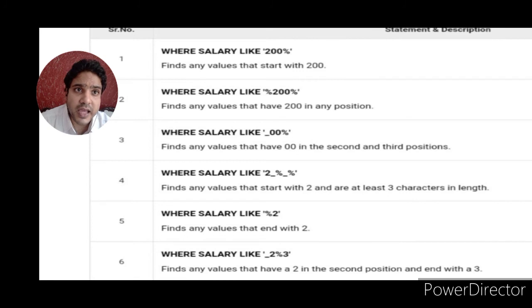Where salary like '_00%', underscore means one character, so '_00%' means the first 0 will be at the second position of the string, and the third position will also be 0, and after that any number of characters may follow. You may read this carefully and understand.